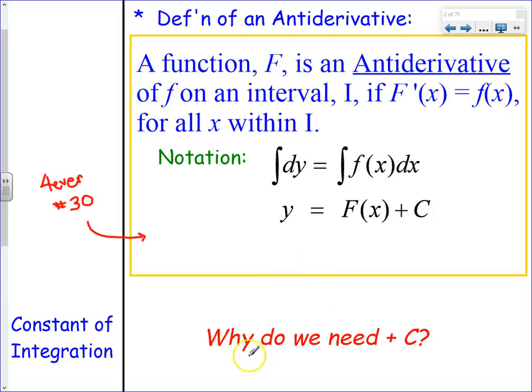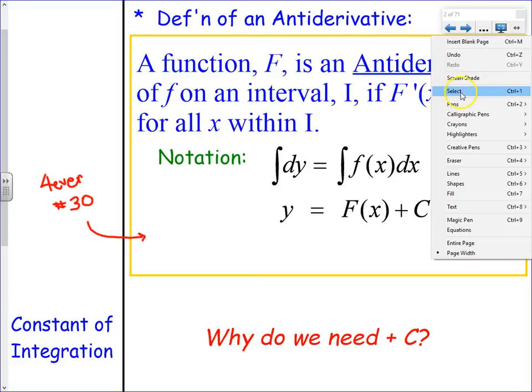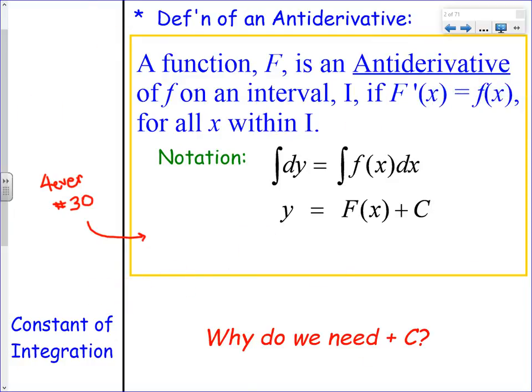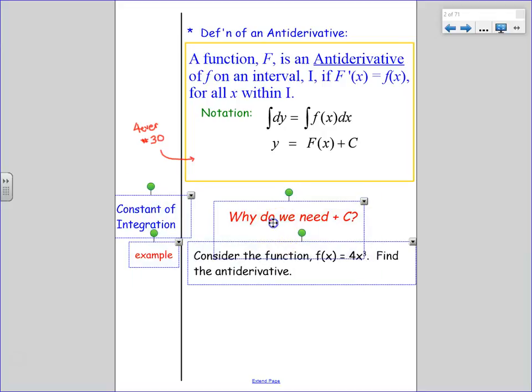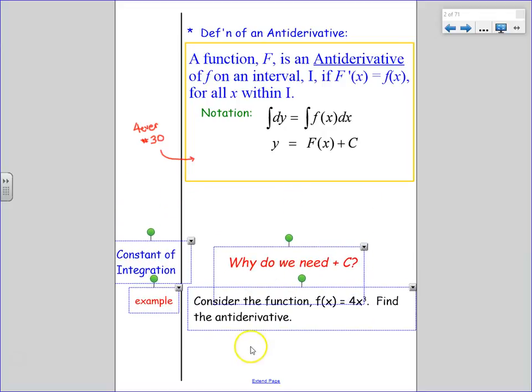And so our example from right before, if you want to try to match up this notation with the example that we just did a little bit ago, I am going to have to kind of make space though. There we go.